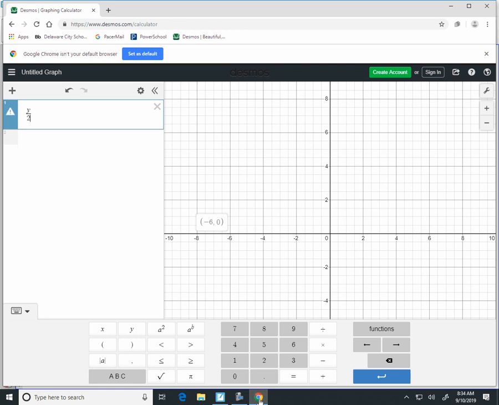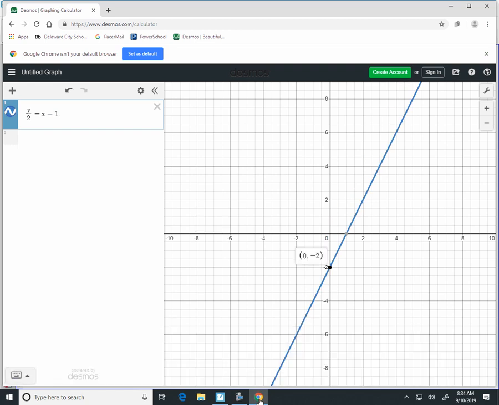We talked about it yesterday, but remember when you put divide by into Desmos, it's going to look like a fraction. And then to get out of it, you either have to hit over or just touch there. Okay, equals x minus 1. And there are the 2 points that we could check.